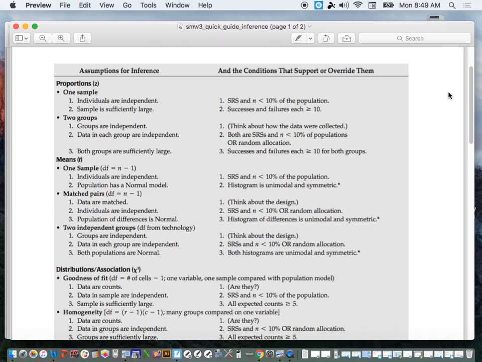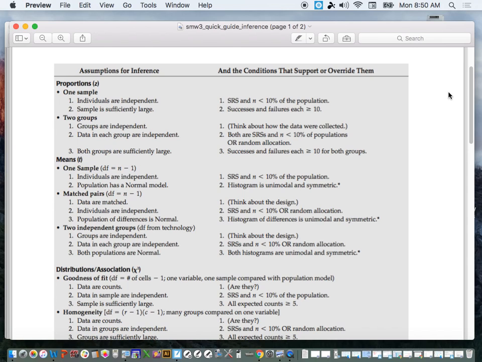So for proportions, that was the key thing. The individuals are independent and the sample was large enough. We check the independence idea with a random sample that's less than 10%. That's a common one. Remember that. For large enough with proportions, we have to check the success failure, n times p and n times q, and make sure they're at least 10.